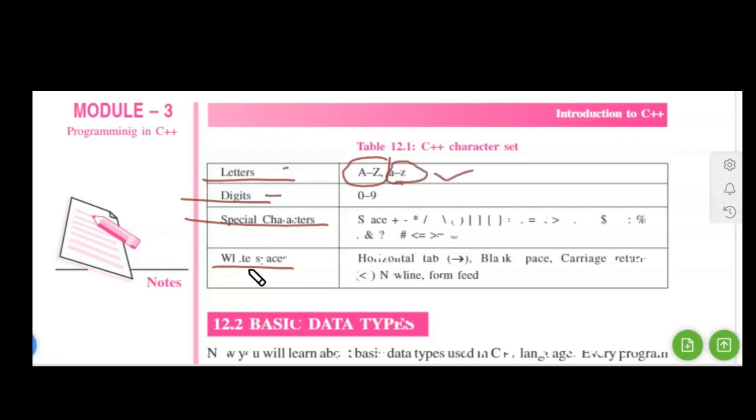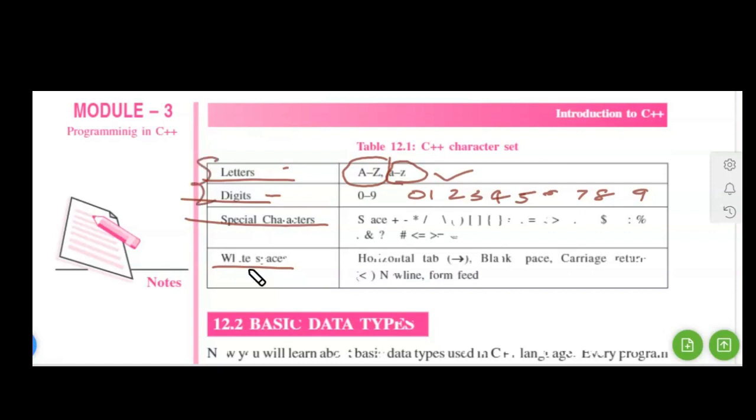Then you have digits, which means 0 to 9. You can use any digit till 9 for making up variables or other things.